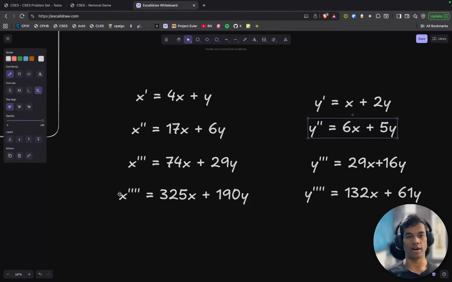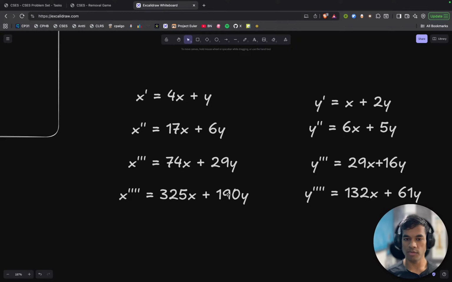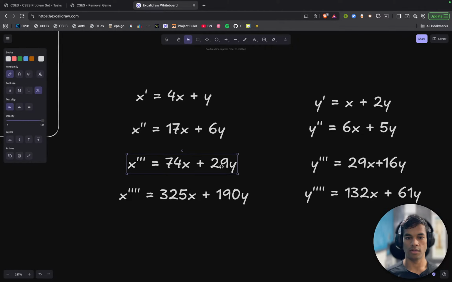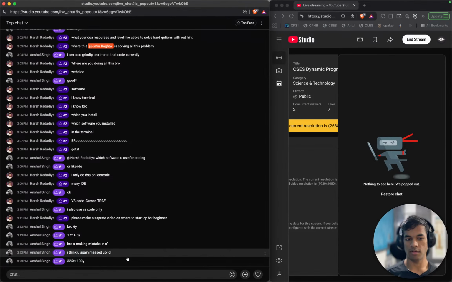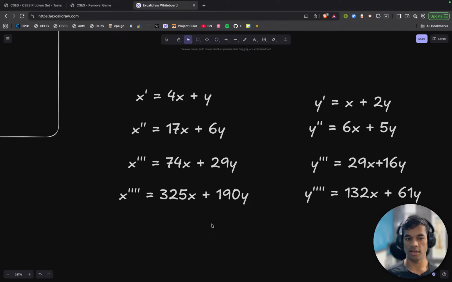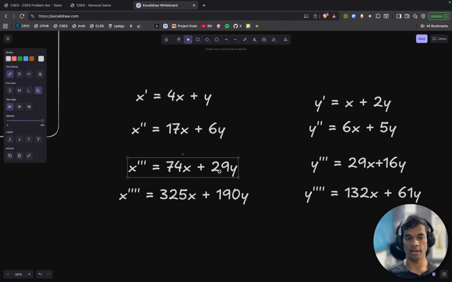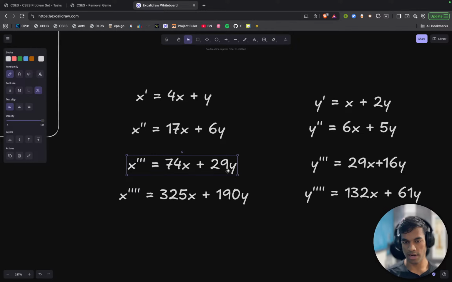325 plus 103, why? y would be this thing into 6, 103, this thing into 4. Wait, 103 would not be the answer, I think, because we multiply the earlier x by 4, which means we multiply 29 by 4, which is 116.